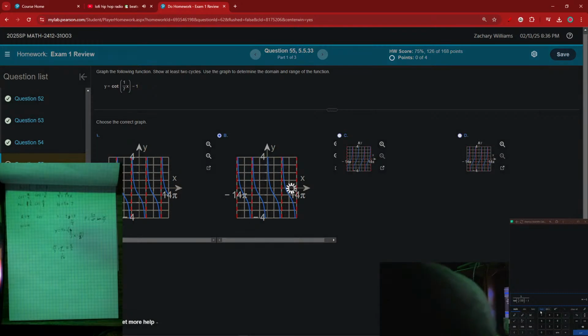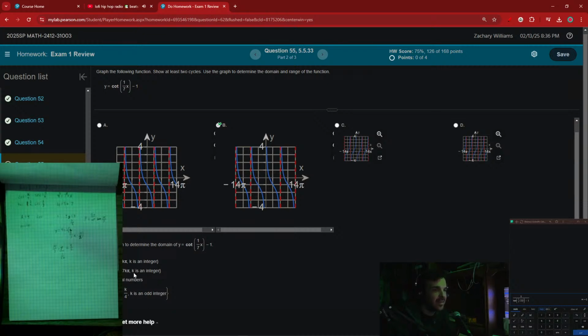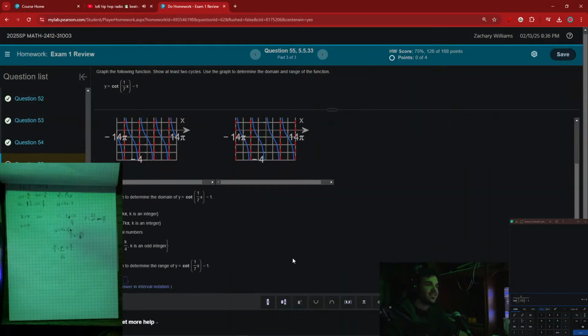Let's try B. Nice. So yeah, cotangent can't have a y value of 0 in its normal form. 7 pi k, yeah. We did that in the last problem, and I just already forgot. Ranges.